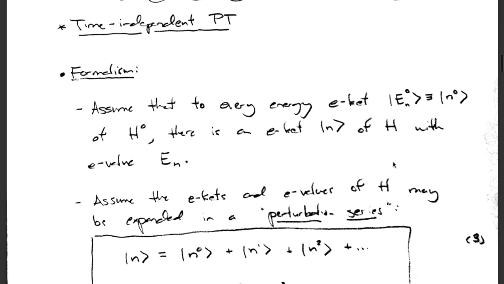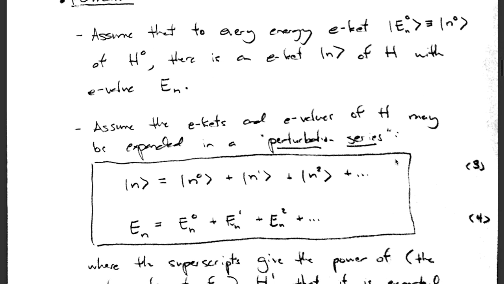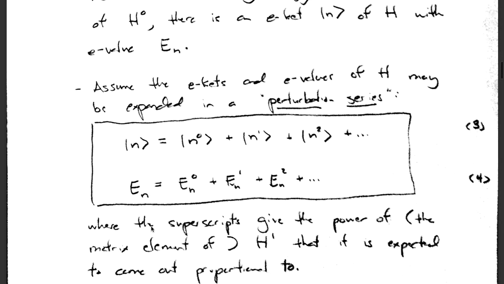Okay, and the basic assumption in perturbation theory is that we can come up with solutions for the full Hamiltonian in an approximate way by assuming that we can expand both the eigenkets and the eigenvalues of the full Hamiltonian. So this is what I have here. The n here would be the full eigenket, the eigenket for the full Hamiltonian, and we're assuming that we can write it as a perturbative expansion.